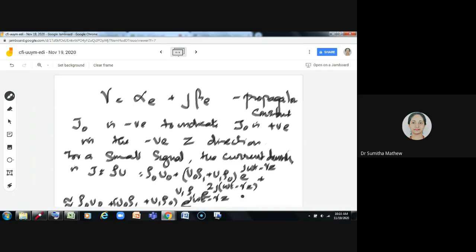That is, we neglect the higher order term. This e raised to 2 j omega t term is neglected. Mark this as equation 5.